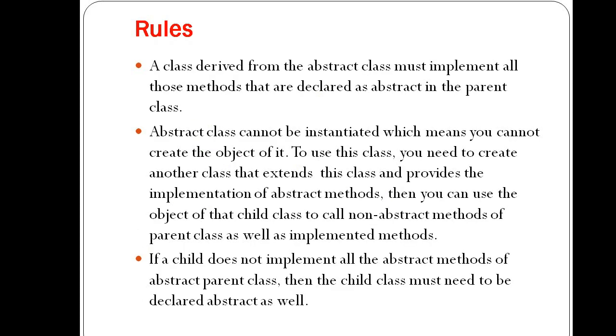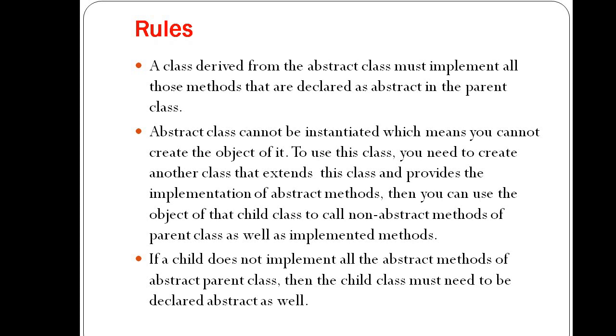So guys, there are some rules related to abstract classes. A class derived from the abstract class must implement all those methods that are declared as abstract in the parent class. An abstract class cannot be instantiated, which means you cannot create the object of it.